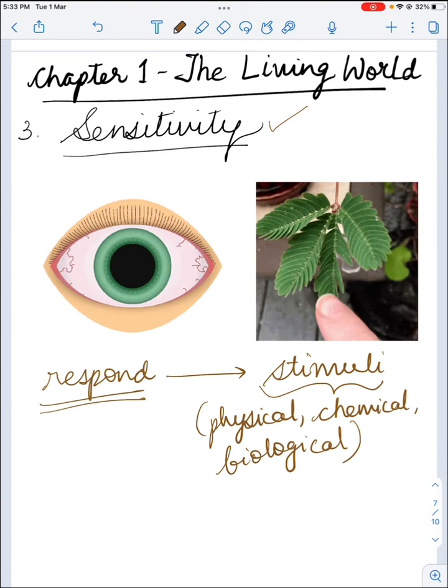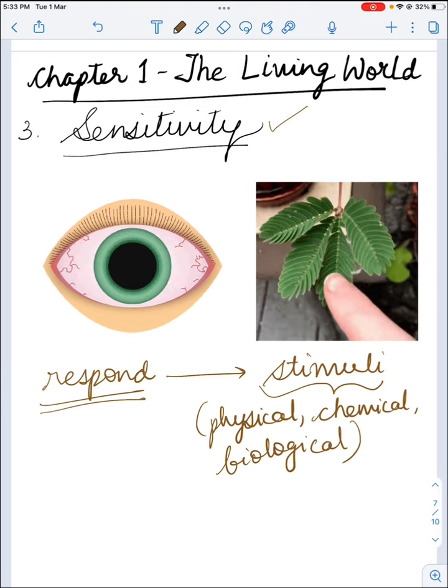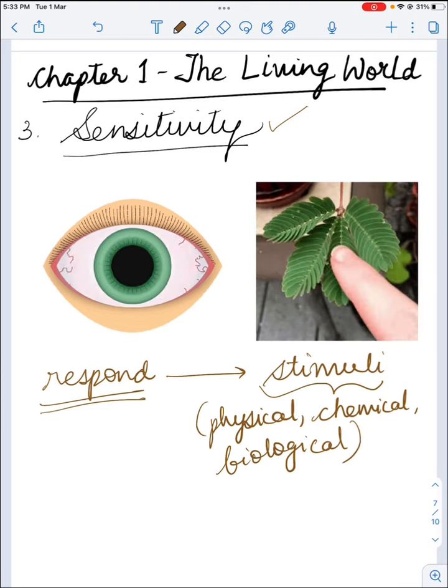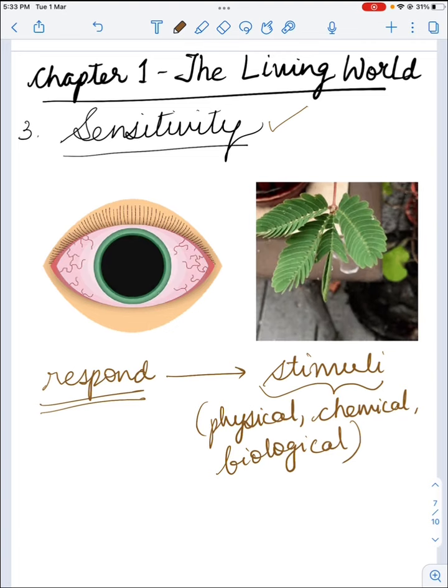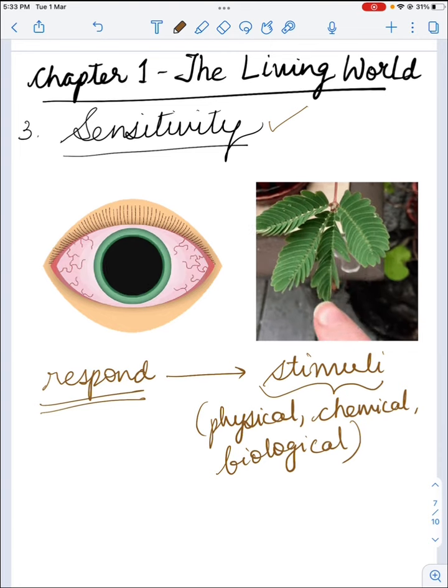Here you can see in the image two examples. As always, one animal and another plant example is being displayed. First, let us focus on the left side of the screen, which shows the movement. You can see that the black region in the eye is increasing and decreasing in size.